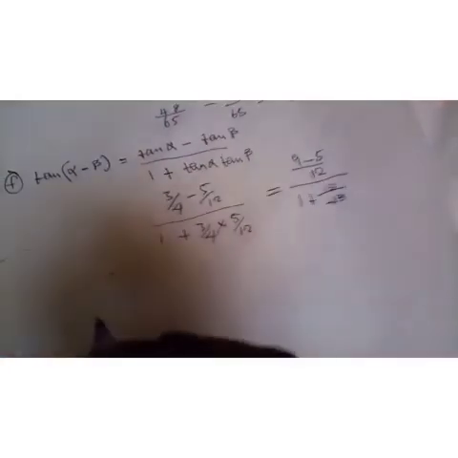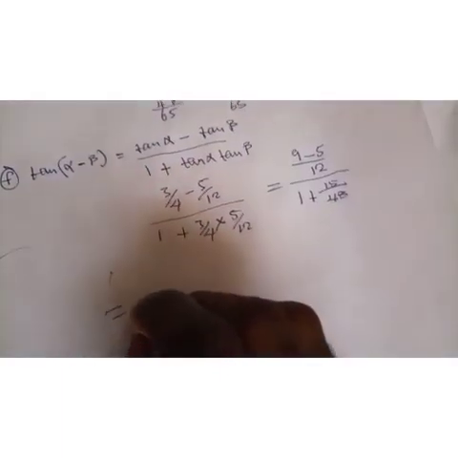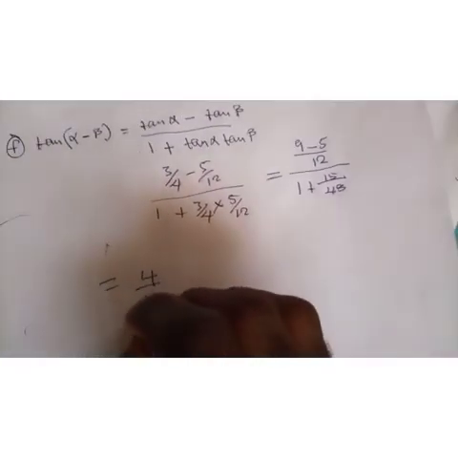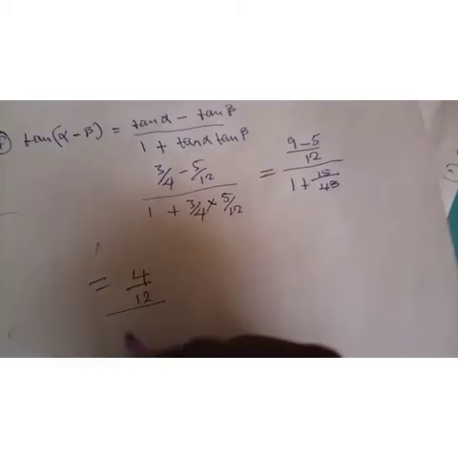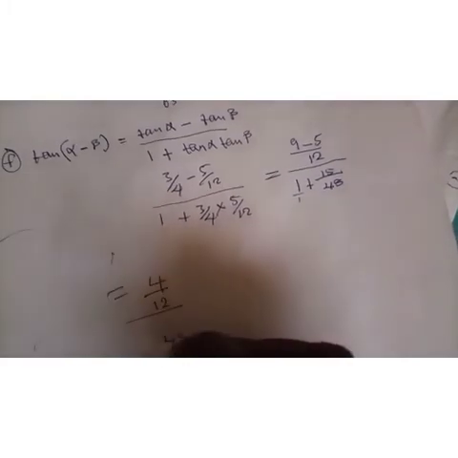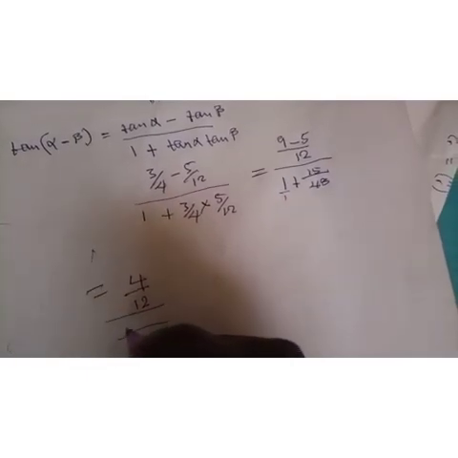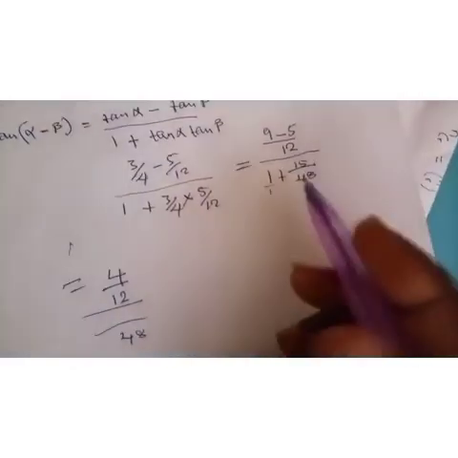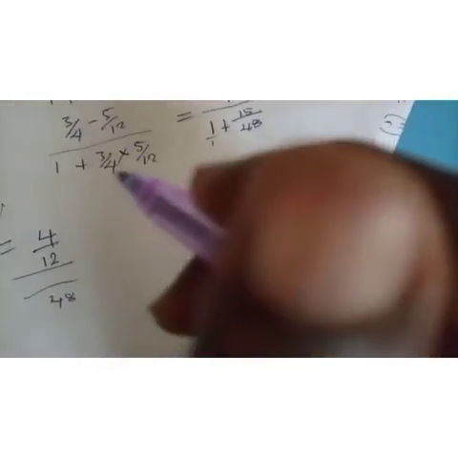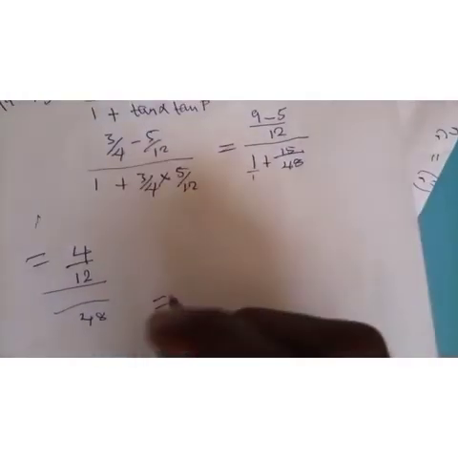So when you are solving again, 9 minus 5 is 4 over 12, divided by this. If you find the LCM, for the 1 you say 48. When you solve everything, you will arrive at a very nice answer, which is 16 over 63.